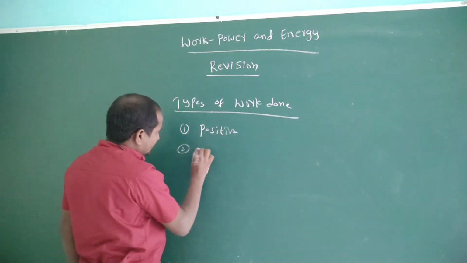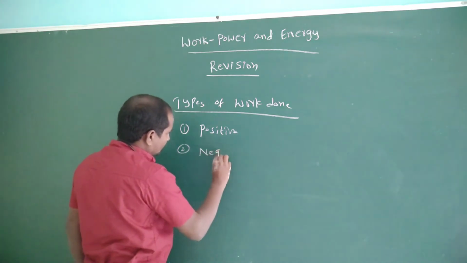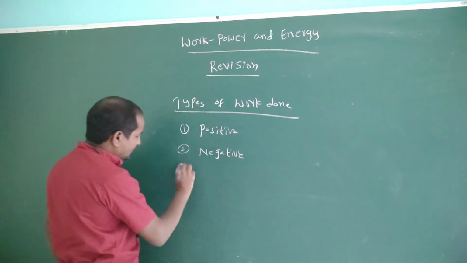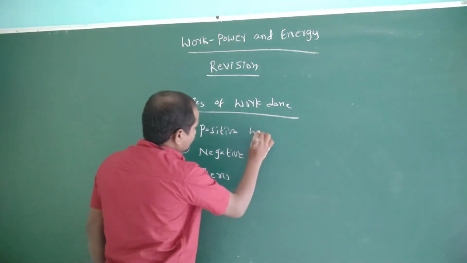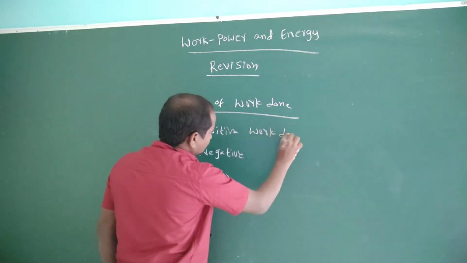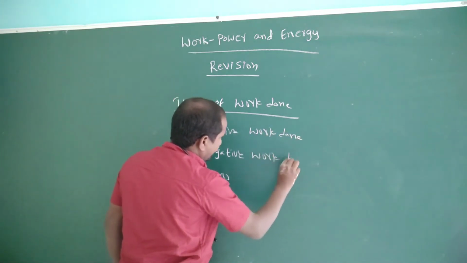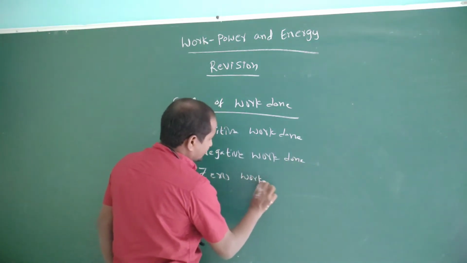The second one is negative work done. And the third one is zero work done.